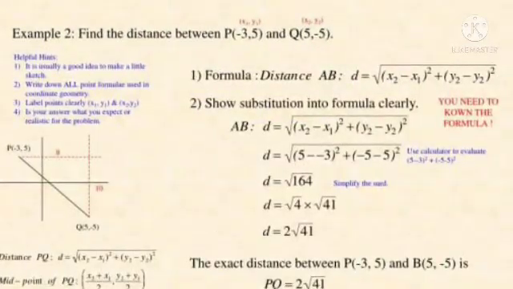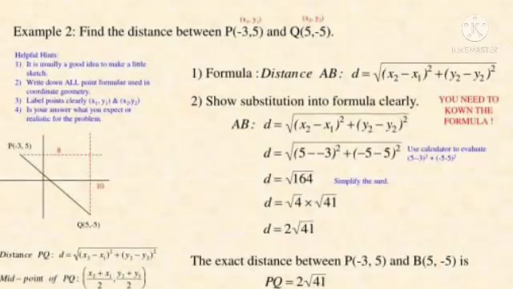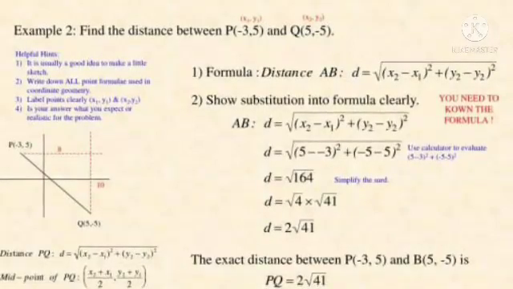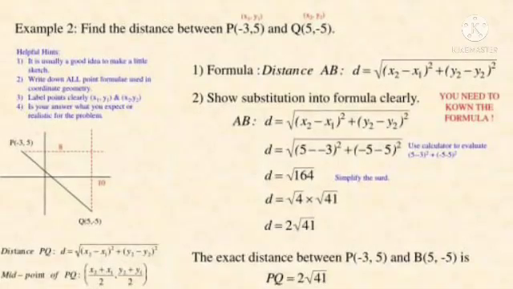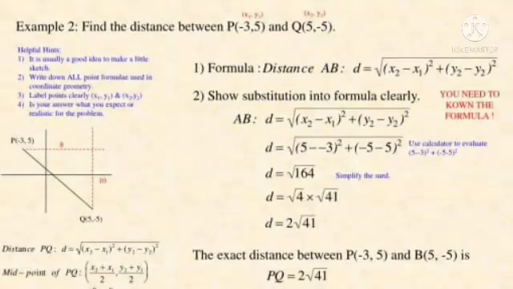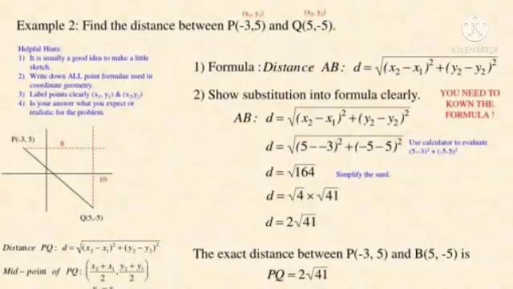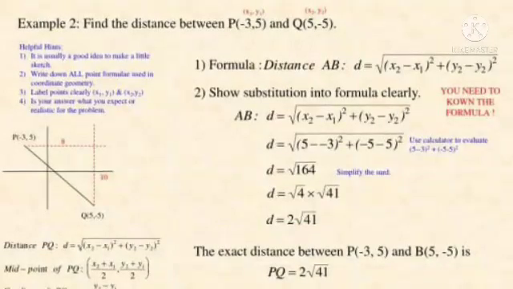Example 2. Find the distance between P (minus 3, 5) and Q (5, minus 5). Substitute the values in the distance formula. So D is equal to the square root of (5 minus of minus 3) the whole square plus (minus 5 minus 5) the whole square.